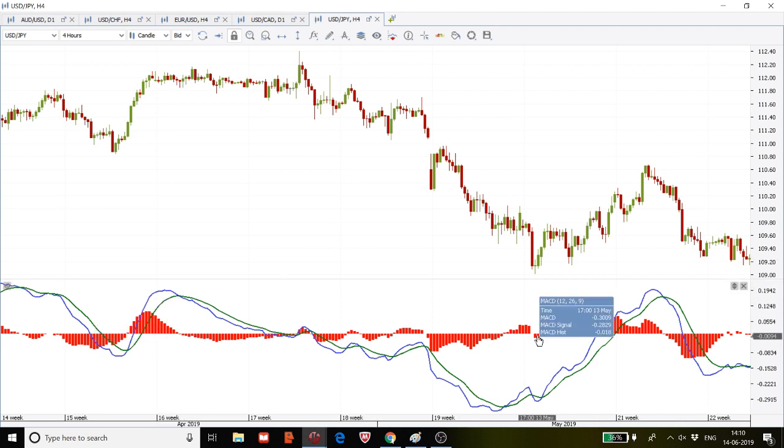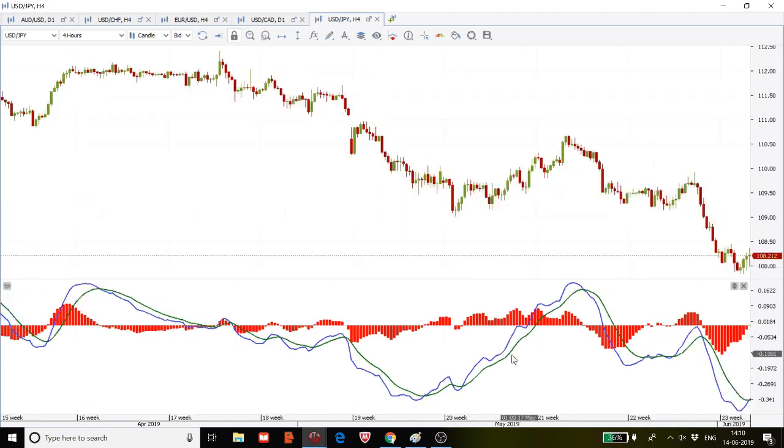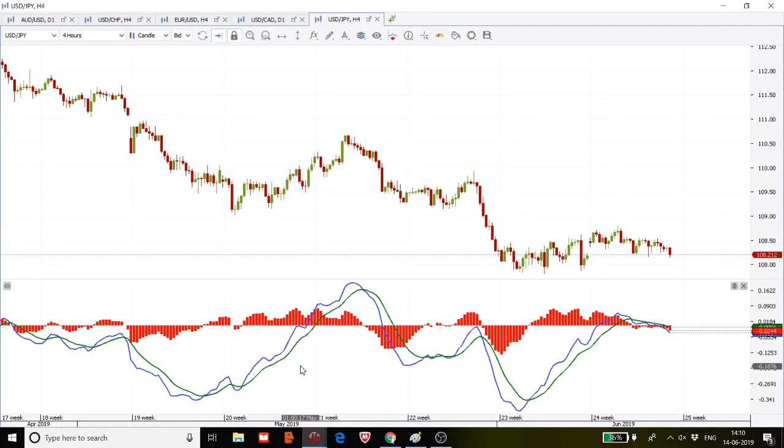Then only, and with the histogram logic, will the strategy open a trade. Hope you understood the concept.